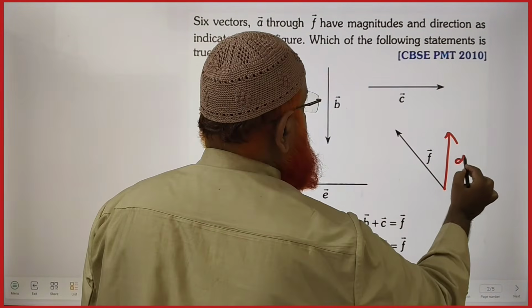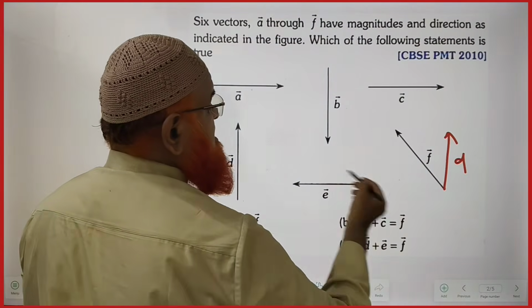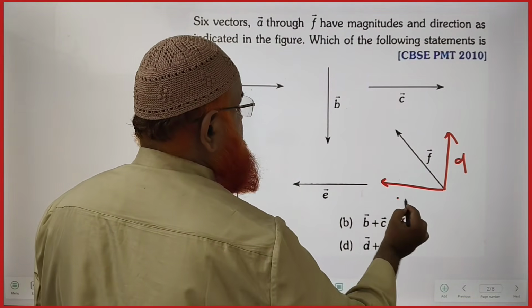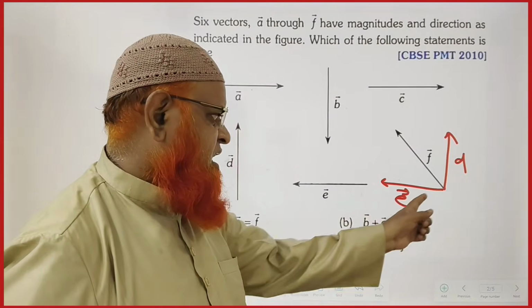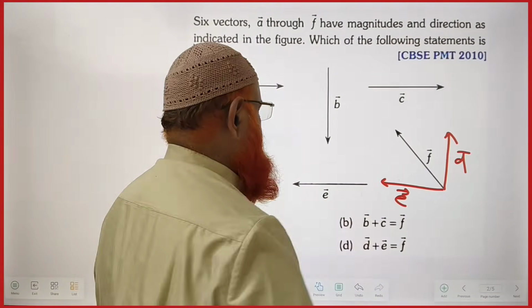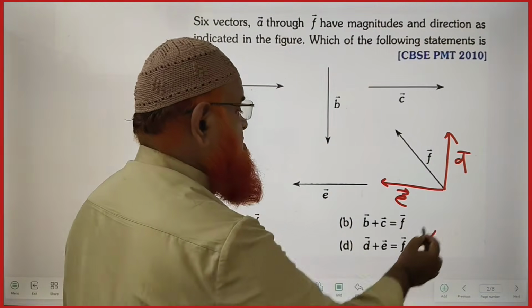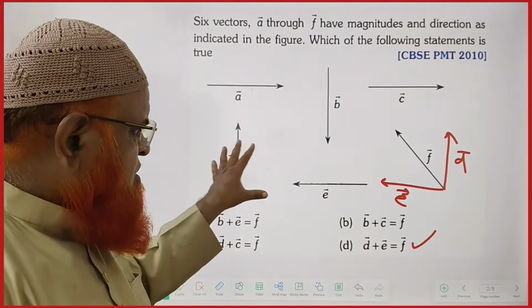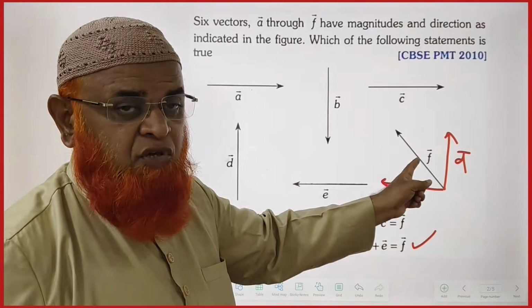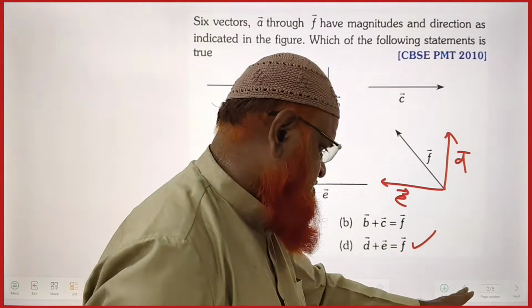In the upward direction D is present. In this left direction, what is present? In this left direction, E is present. That means now we can apply the parallelogram law. That means E bar plus B bar is equal to F bar. So this is going to be the answer. Or D bar plus E bar is going to be F bar. Like this, we have to find out the patterns which are giving you a parallelogram law. Like this, you have to solve.